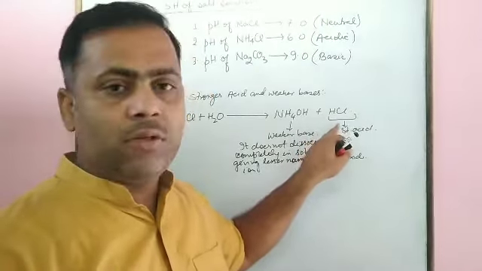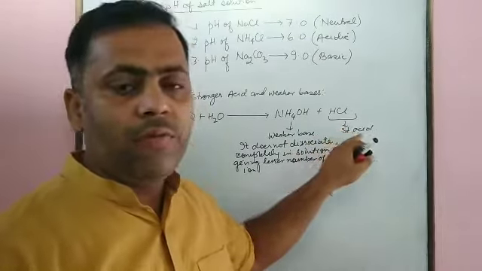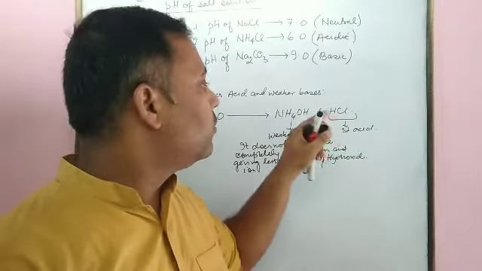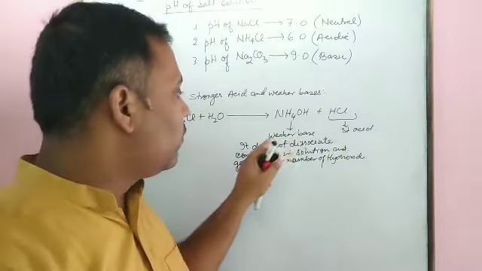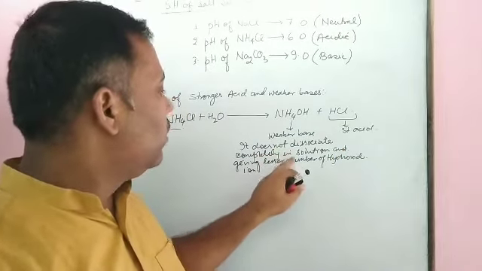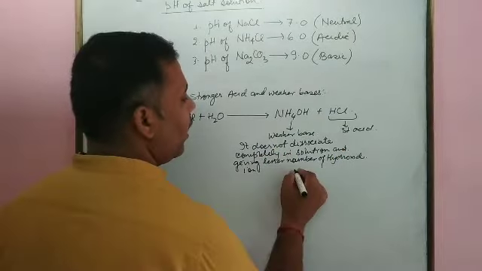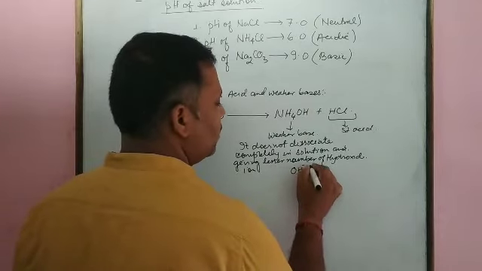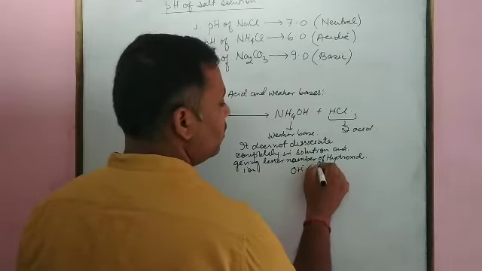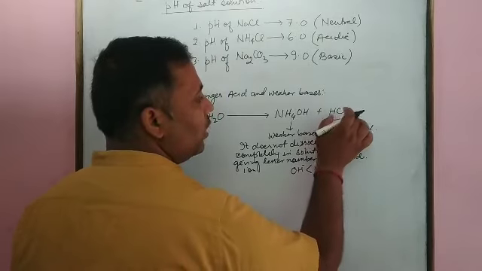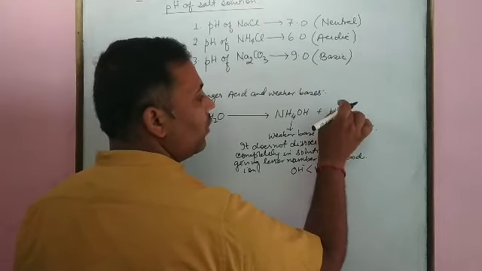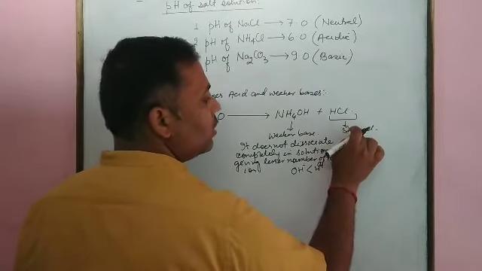When it dissociates completely, it will give larger amounts of protons. What we see here is that this solution has a lesser number of hydroxide ions, OH minus, than H plus, because H plus is the result of dissociation of hydrochloric acid, a stronger acid.